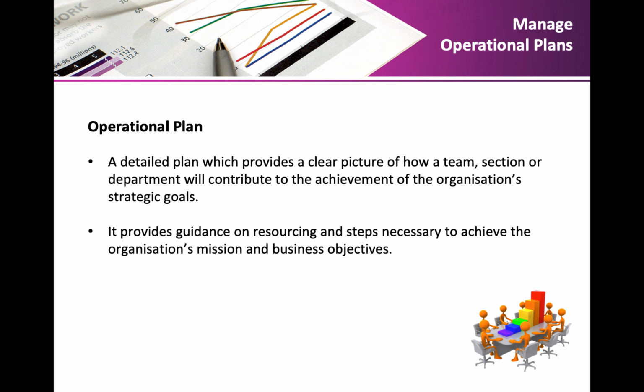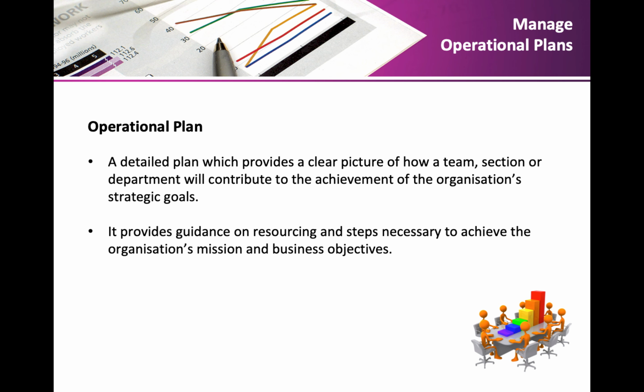When we talk about operational plans, there could be many types of operational plans. As I just said, and as we just read from these slides, operational plans usually go on a departmental basis, or section wise, or team wise. It depends on how big your organization is. If you have several departments, then you may have several operational plans, usually one for each department, or maybe one for each team or each project.